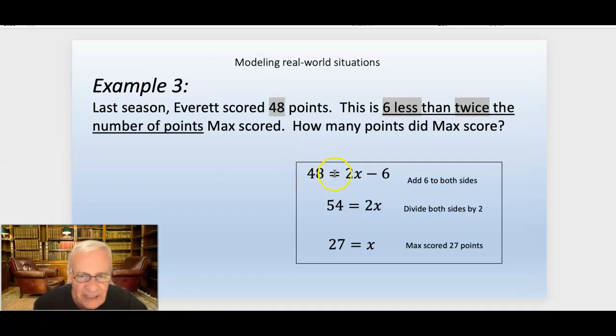So 48 equals 6 less than twice the number of points. Twice the number of points is 2 times, and it's 6 less than that, so subtract it. Once you've got the setup right, it's pretty easy. Add 6 to both sides, divide both sides by 2. Max scored 27 points.